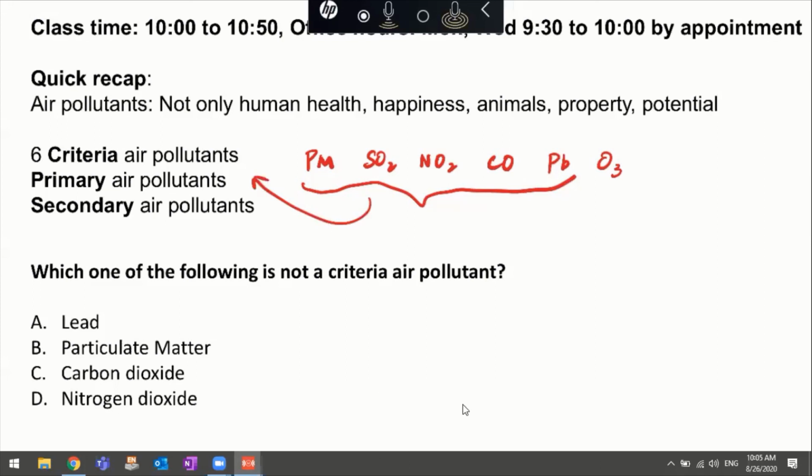But the ozone has to be formed indirectly. For example, it's formed based on the reaction of the nitrogen oxides or the VOCs, right? It's not being directly emitted. That's why we also cannot evaluate the emission rate of the ozone, because it's not formed directly, okay?